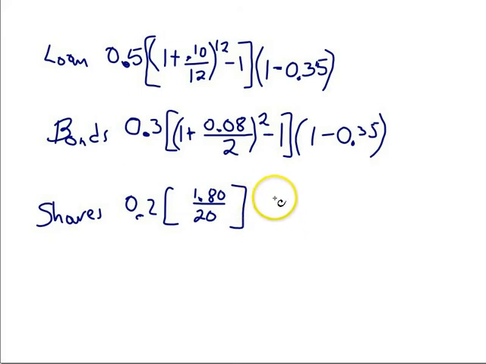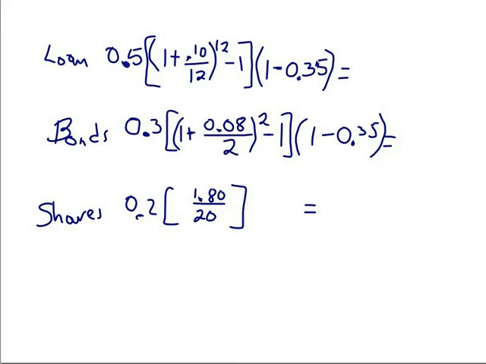But this one will not be affected by the 1 minus 0.35 because we don't have the benefit of the shares. Those computations, the dividends, are paid after the fact that we have computed and paid the taxes.